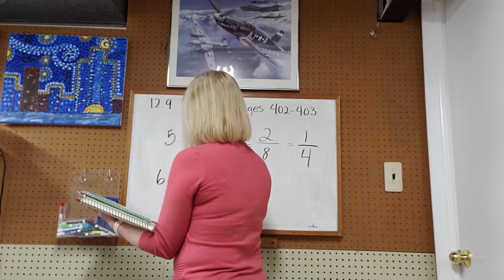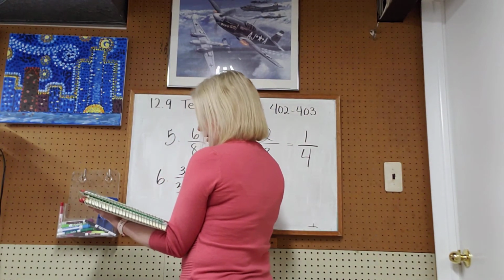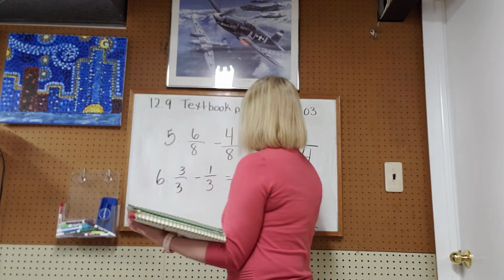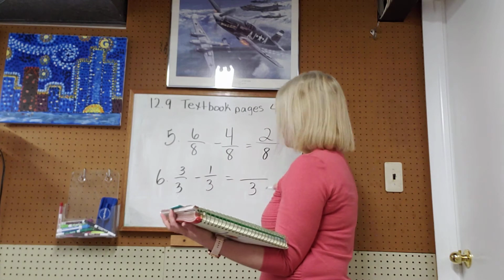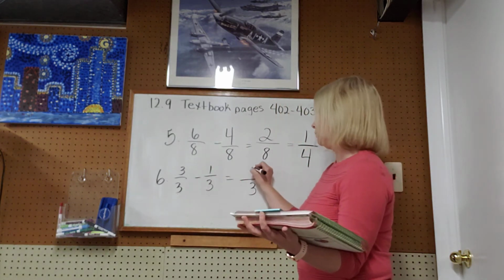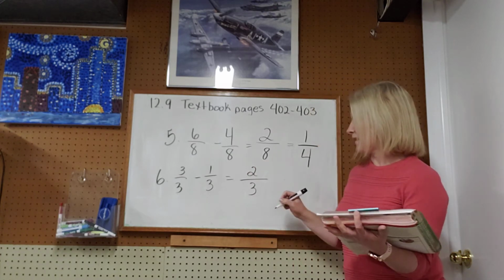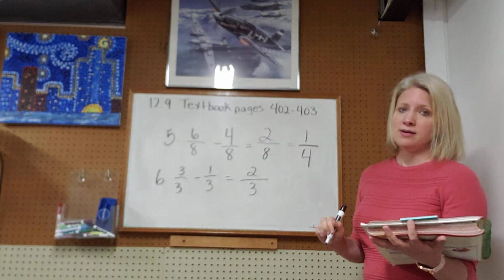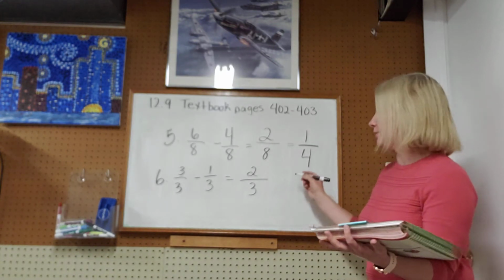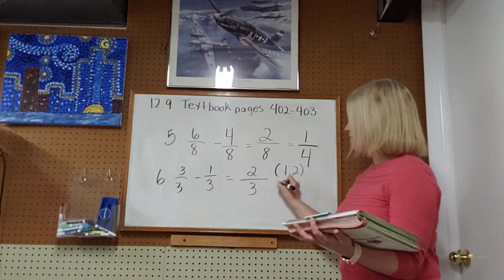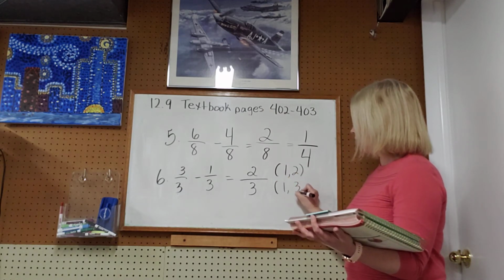Number 6 is 3/3 minus 1/3 equals, we carry over our denominator, 3 minus 1 is 2. They're not going to share any factors besides just the number 1, so we know it's in the simplest form. The factors for 2 are 1 and 2, and the factors for 3 are 1 and 3.